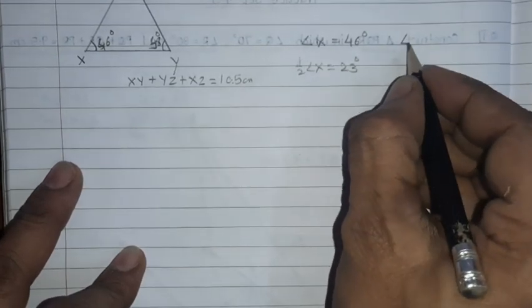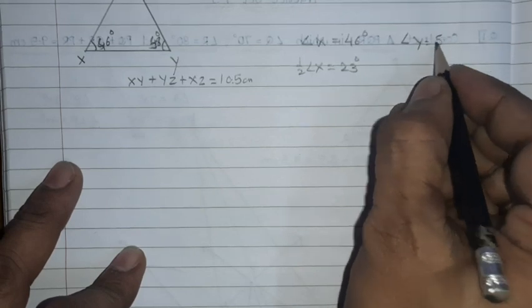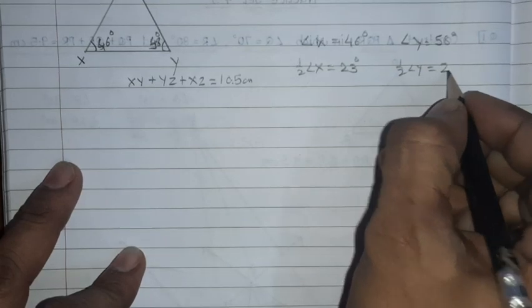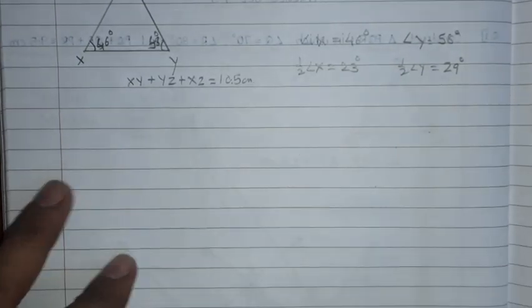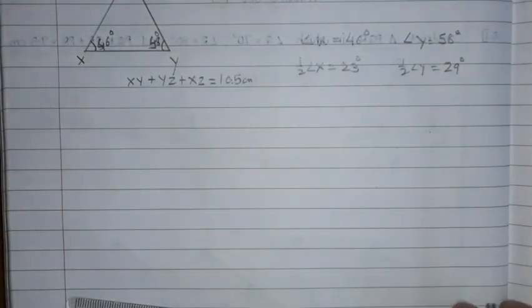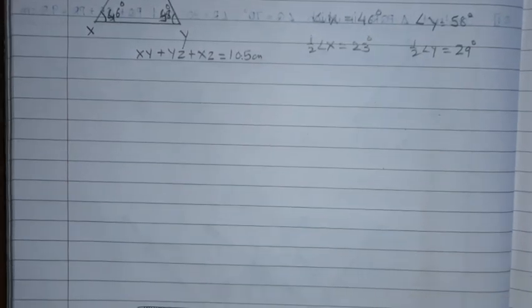Then angle Y is equal to 58 degree. Therefore half of angle Y is equal to 29 degree. Now dear student, see first of all how much perimeter is 10.5. Therefore we have to draw the one segment of 10.5 centimeter.